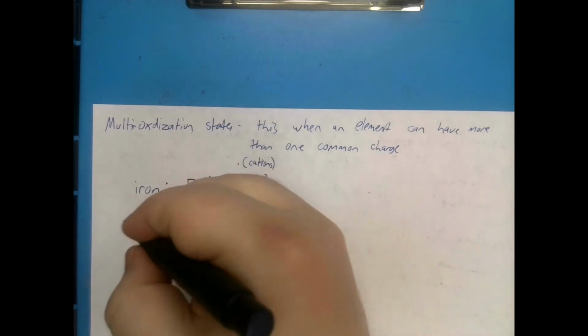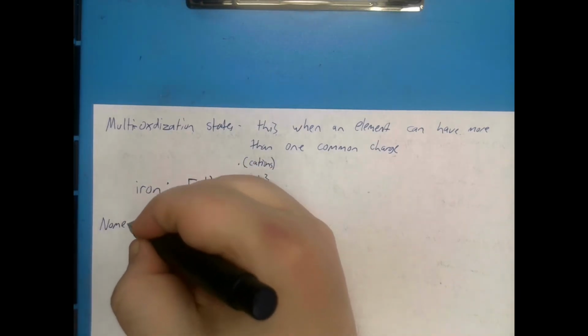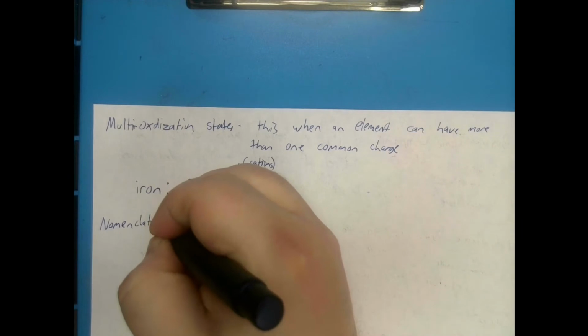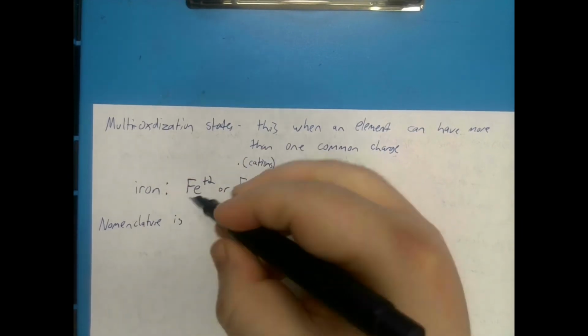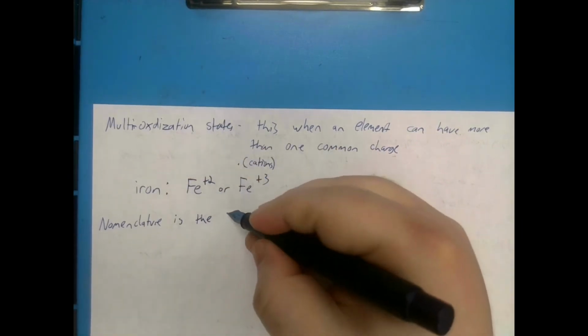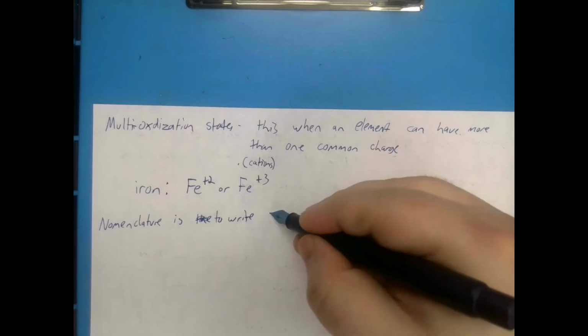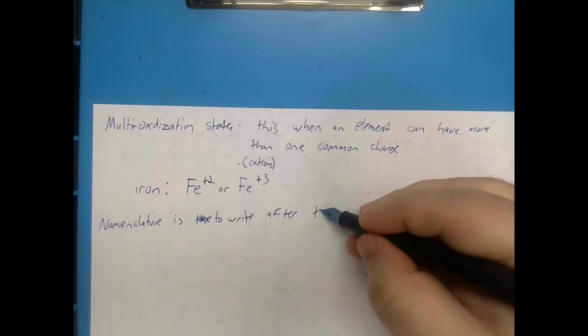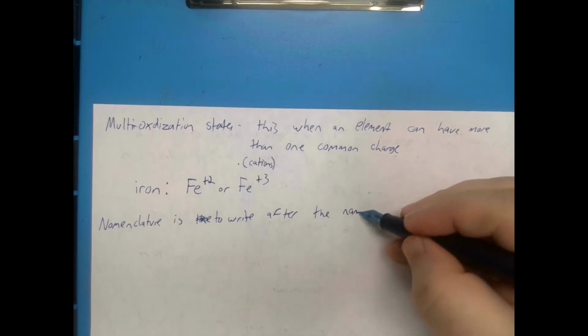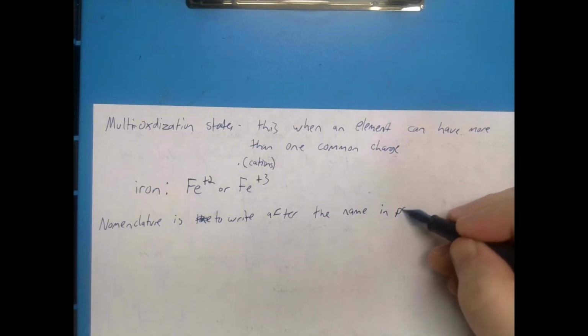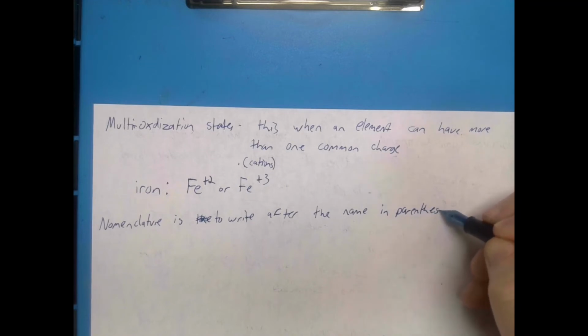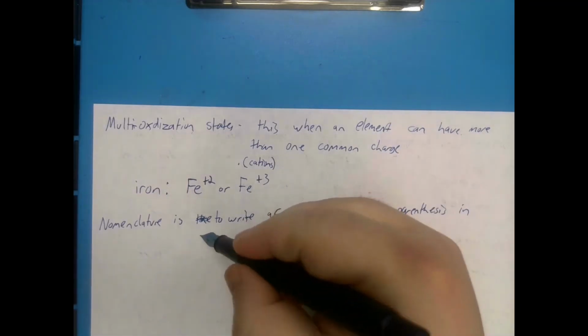The naming scheme, so the nomenclature, is to write the charge after the name in parentheses in Roman numeral.